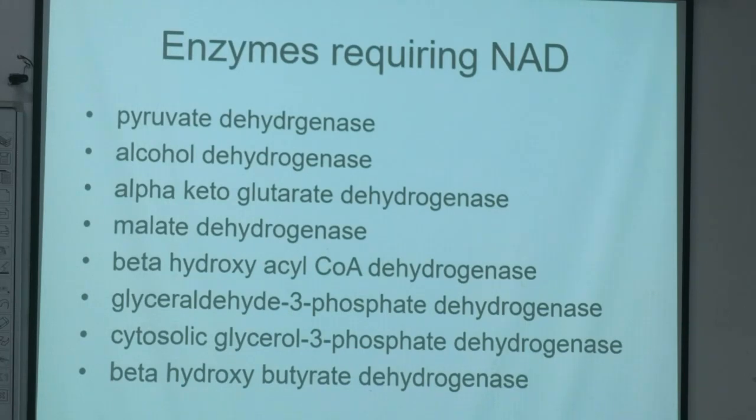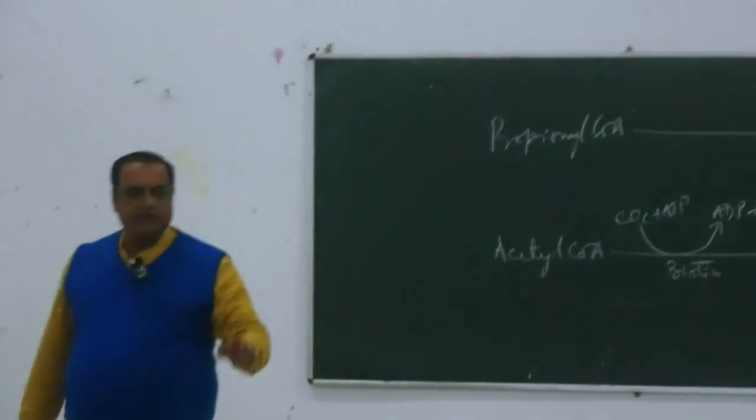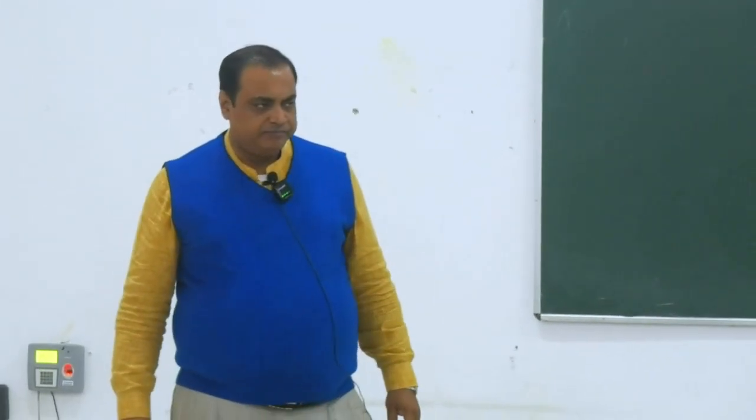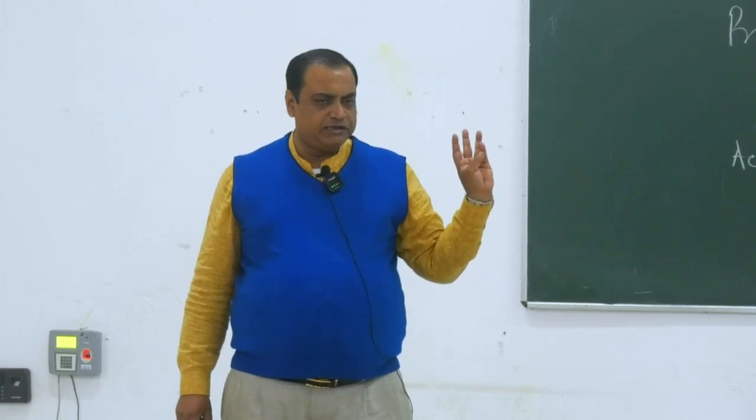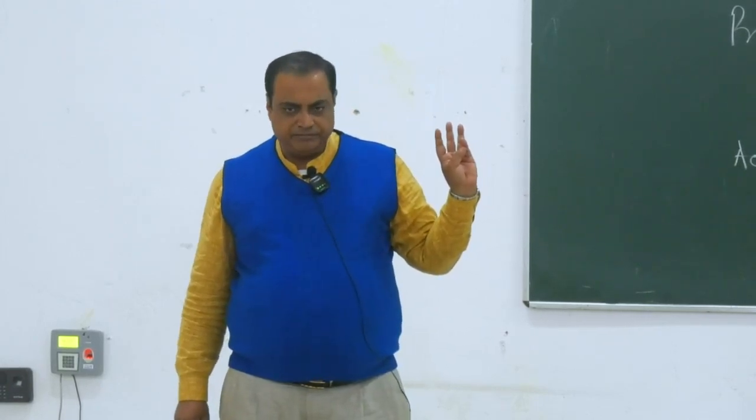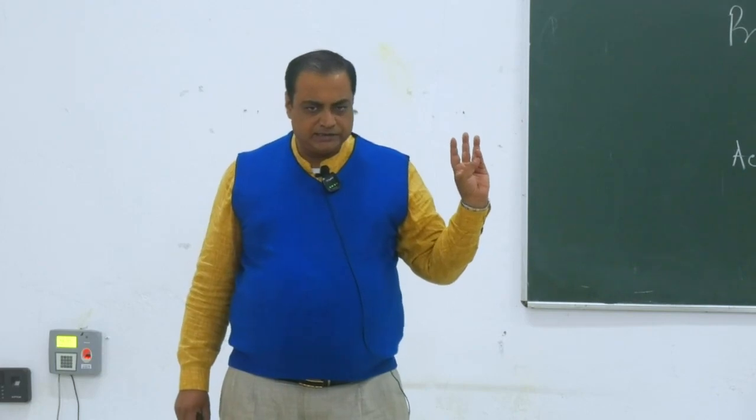These are the names of a few enzymes which require NAD for their function. Few enzymes you can also name by this time. Glycerol 3-phosphate dehydrogenase, pyruvate dehydrogenase, lactate dehydrogenase, these three you can name. Correct? Anything else?